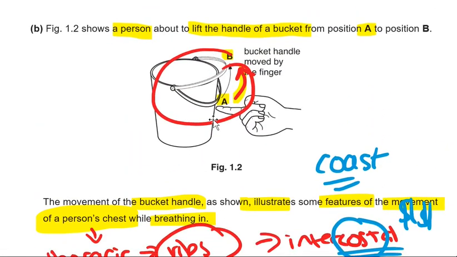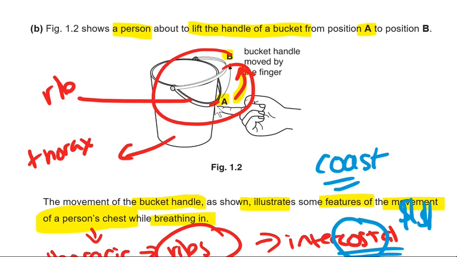So it's upwards and going out as well, because you can see that the handle here is touching the bucket, which I think is supposed to represent your cavity, your thorax. And this is actually representing, I have a feeling, your rib cage. So you can see that it's moving outwards and going away from the thorax or the bucket, and it is moving upwards, naik ke atas, as well.